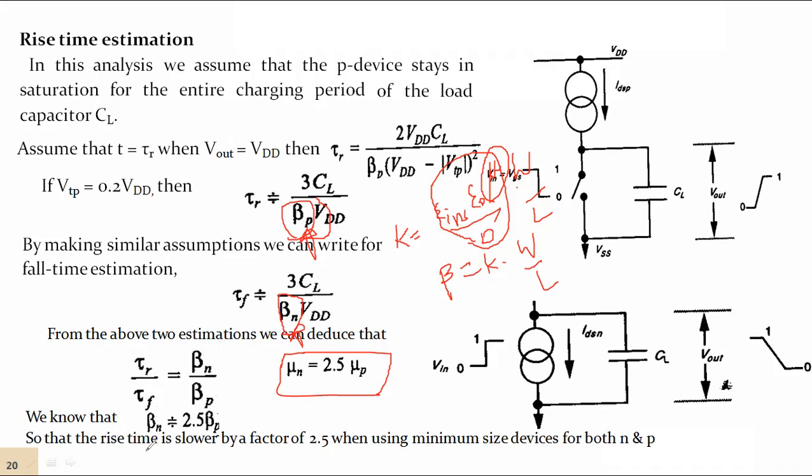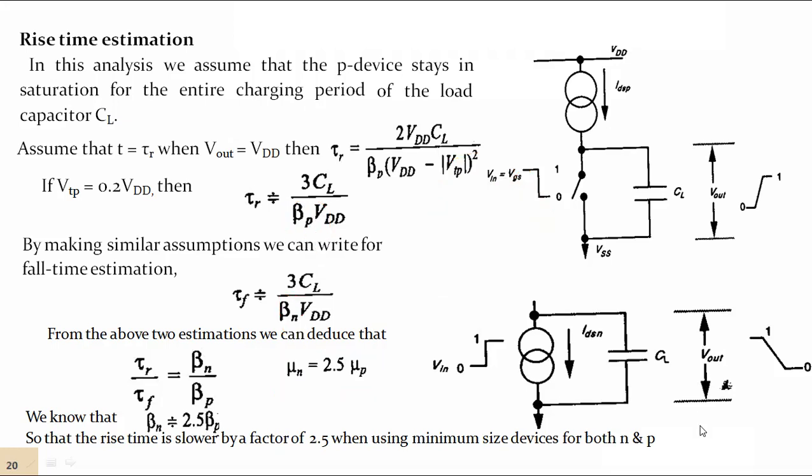So the rise time is slower by a factor of 2.5 times the fall time when using the minimum size device for both N and P device.